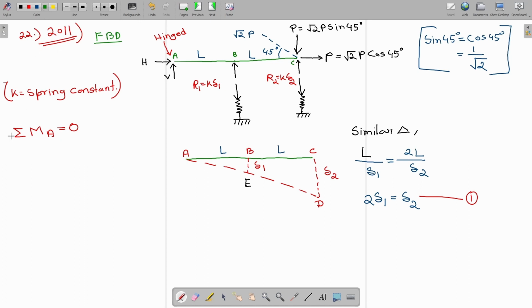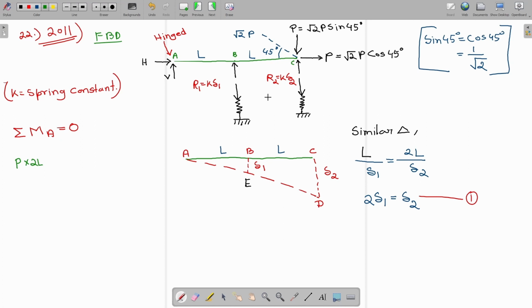Therefore, we can write P into 2L. This is P, taking the vertical component, moment about this point, P into 2L. This is L plus L. So P into 2L is acting in the clockwise direction.